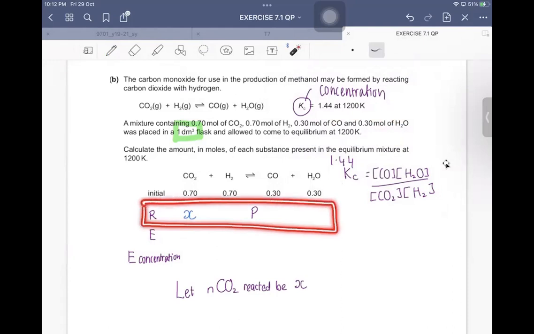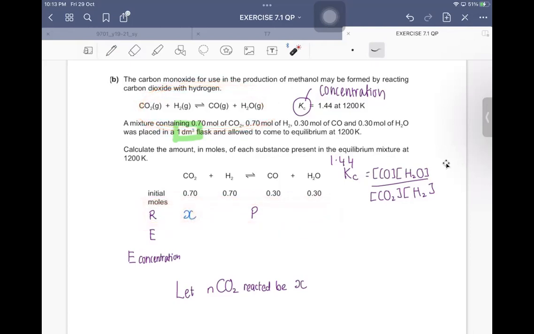If I know one piece of information about any of the reactants or products, and I also know their stoichiometric relationship, that is their mole ratio, I can find the other values for the reactants and products, only for reacted and produced, not for equilibrium.